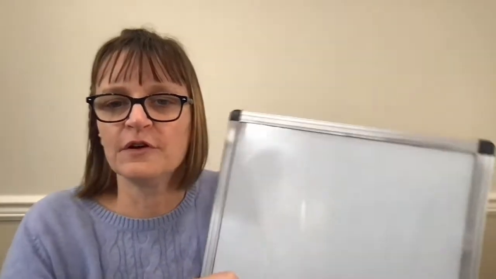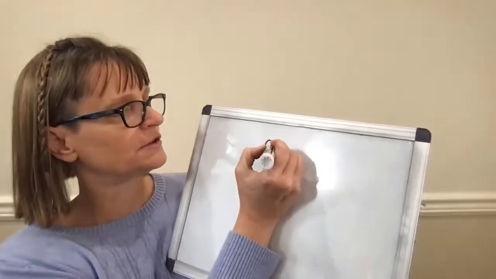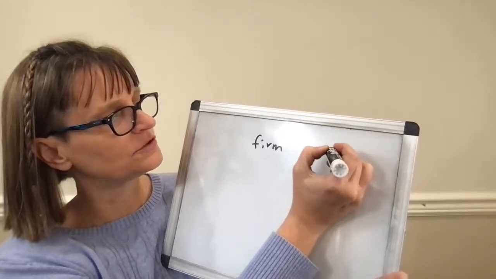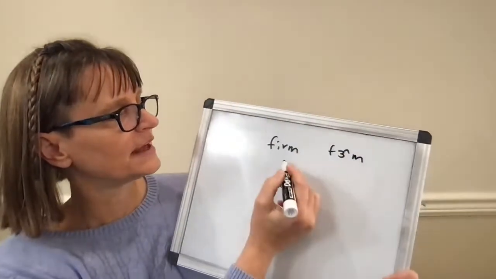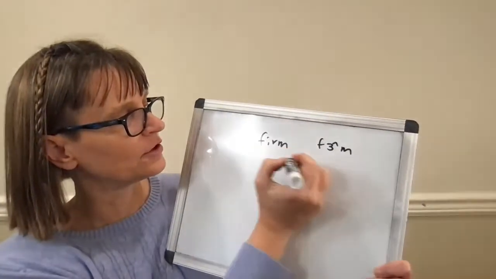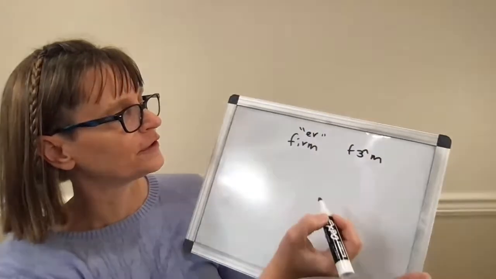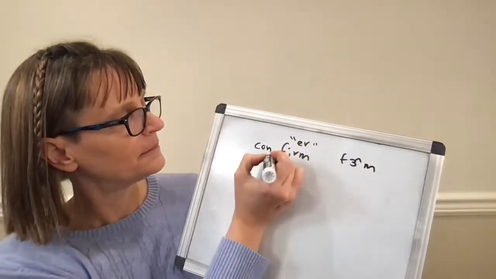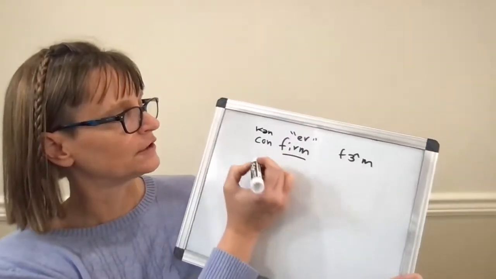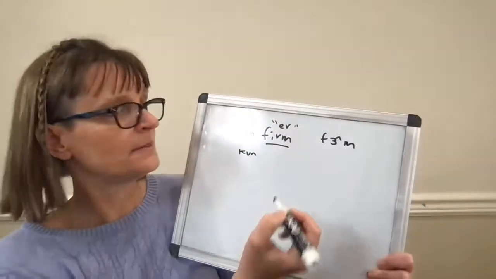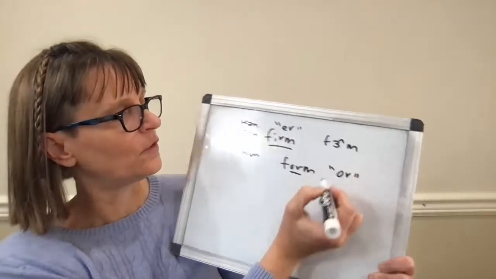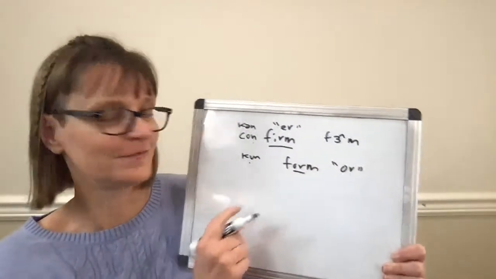We have firm, confirm, and conform. Okay, so for firm, we have the vowel, stressed firm. So that's like worm. Confirm, same thing, same stress as firm. This is just a schwa, so confirm. And then conform, we move to the or vowel, conform, and it's still a reduced first syllable.